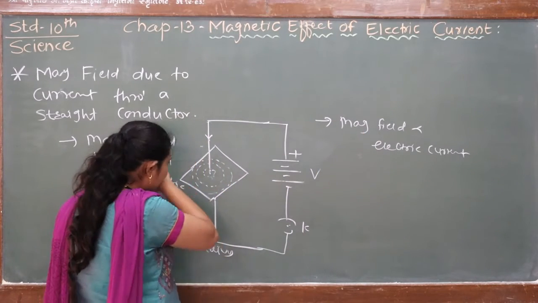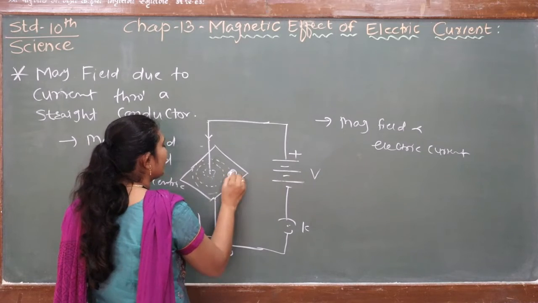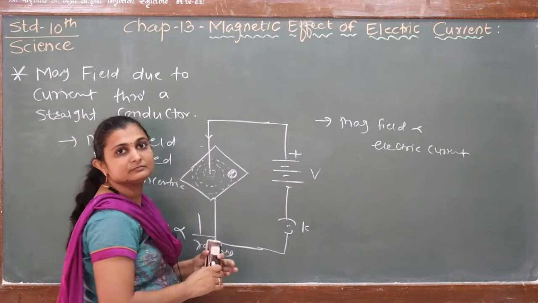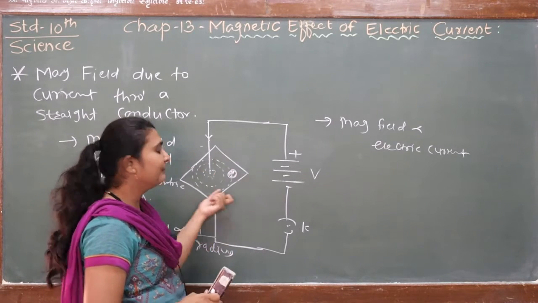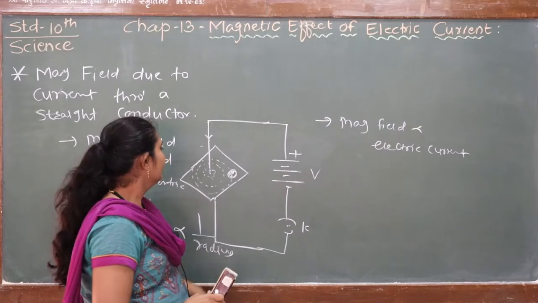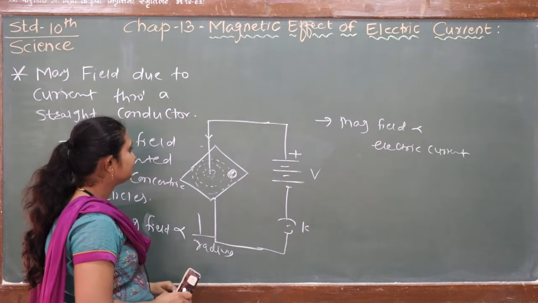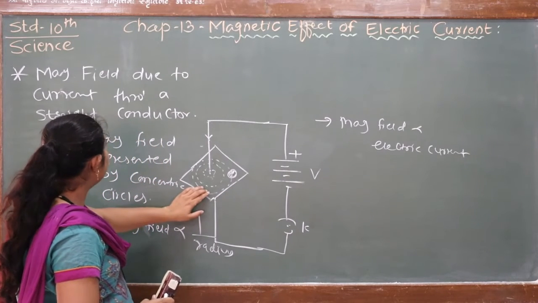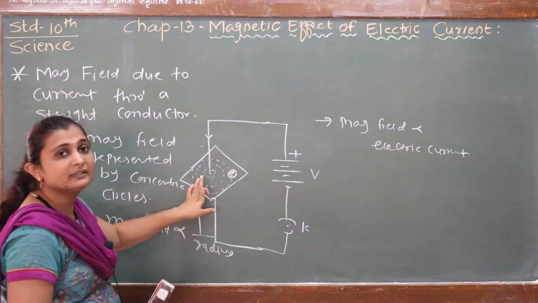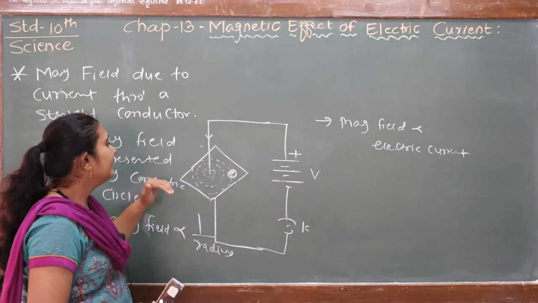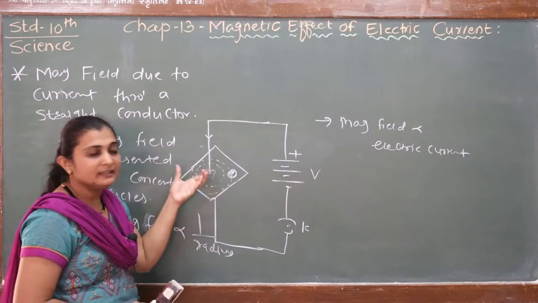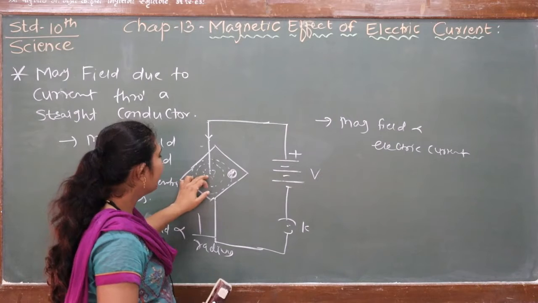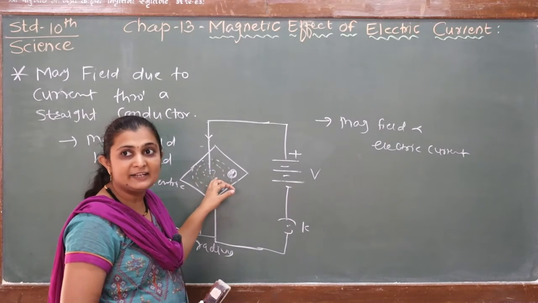Now if you put a magnetic needle here, then it shows the direction of the magnetic field. Understood? This is the magnetic field due to current through a straight conductor. Again I repeat this topic. Consider a cardboard on which you put some iron filings.